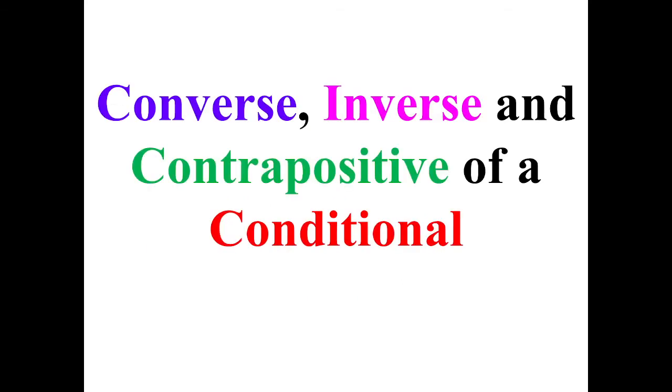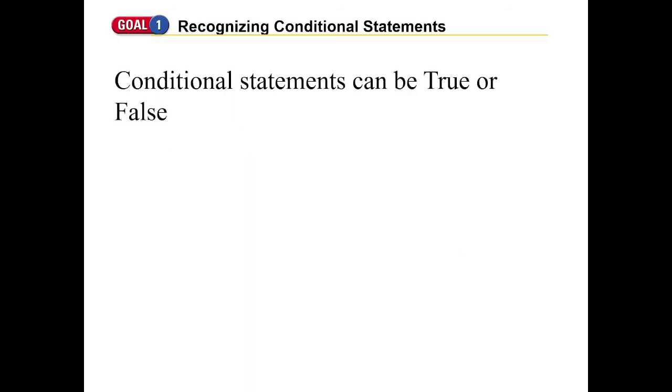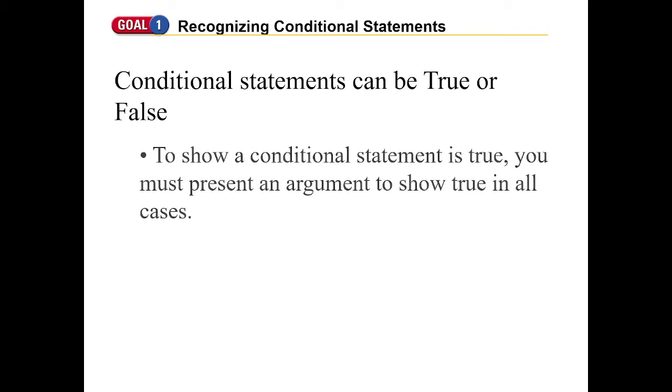Now, let's focus on knowledge building. Our knowledge building will be the converse, inverse, and contrapositive of a conditional. Let's have this first. Conditional statements can be true or false. To show a conditional statement is true, you must present an argument to show it is true in all cases.